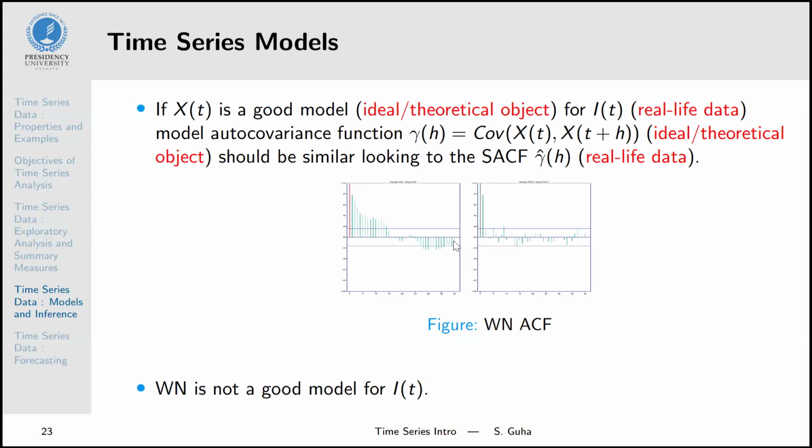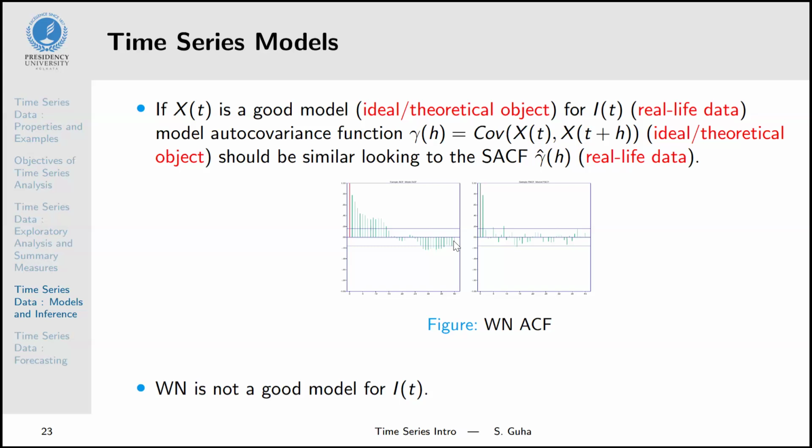But in time series analysis, we are interested in how far today's data is connected with tomorrow's data. So we are interested in lag 1, or in asking how today's data is connected with the day after tomorrow's data. In that case, we are looking into the correlation of lag 2, and so on.